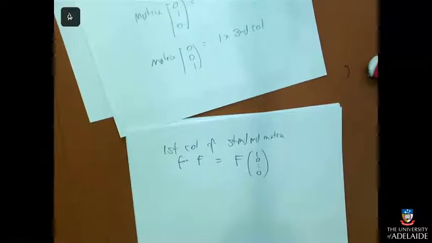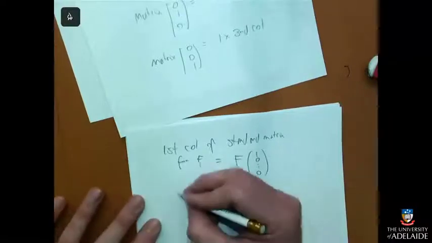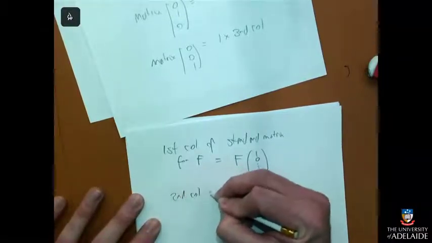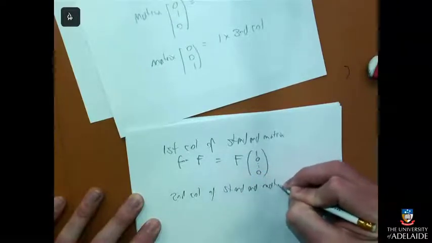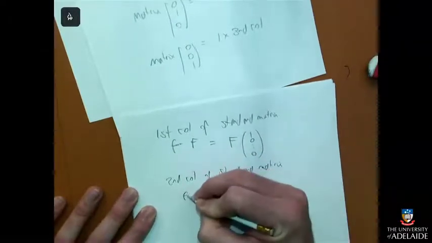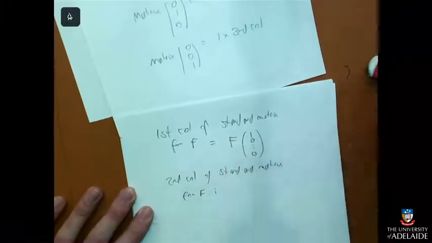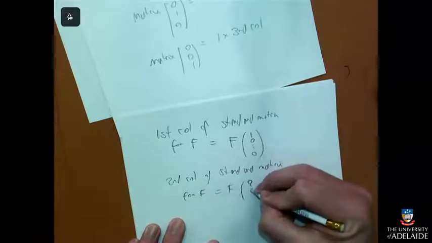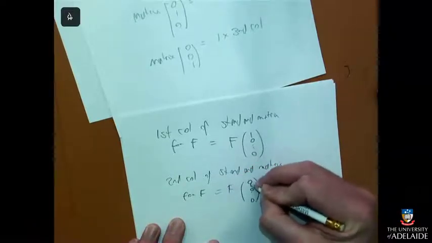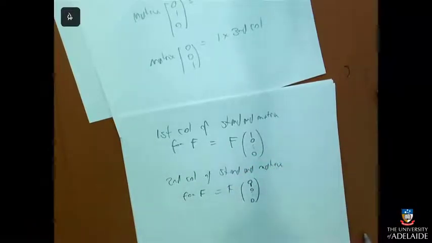That'll be the first column. And the second column for the standard matrix for F is F of 0, 1, 0, and put the 1 in the second position. And just keep going until you run out of possibilities, and that will give you all the columns.